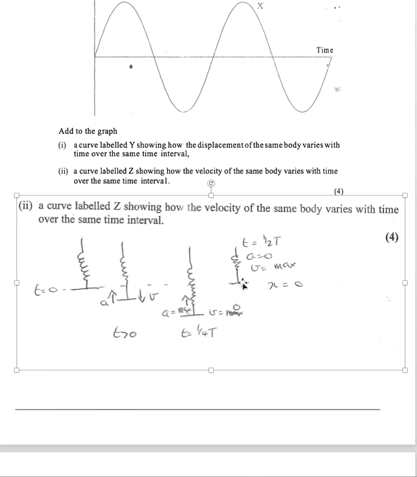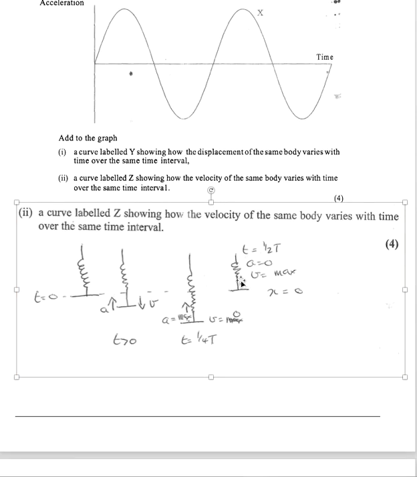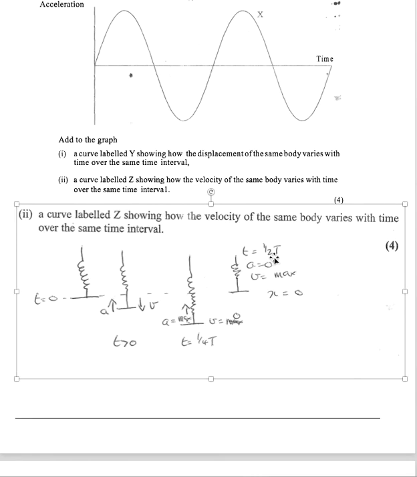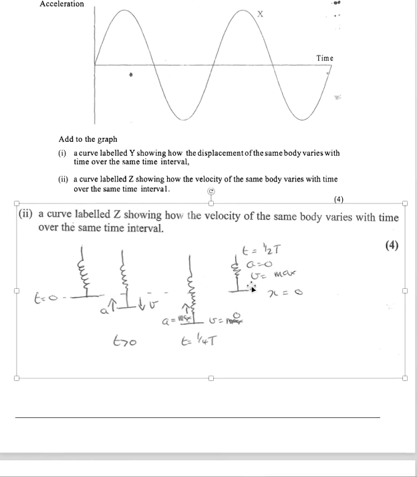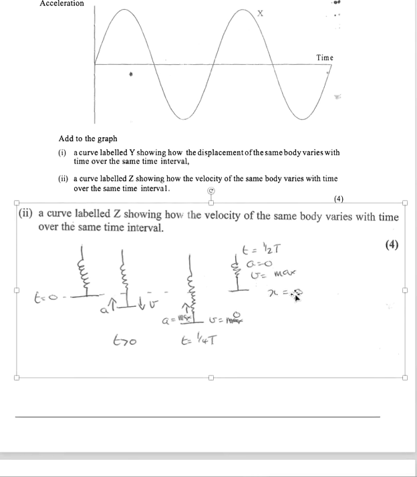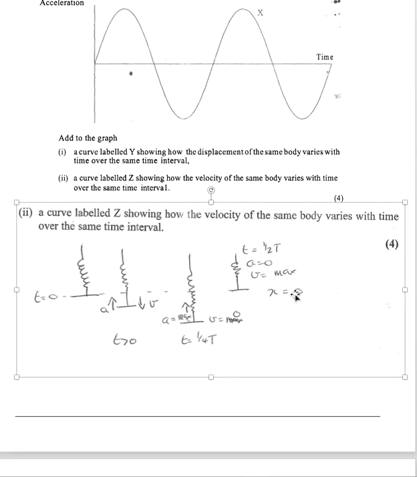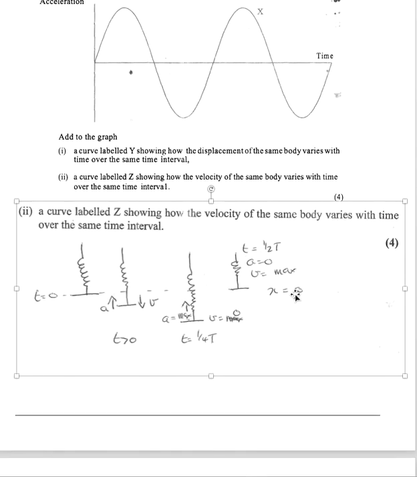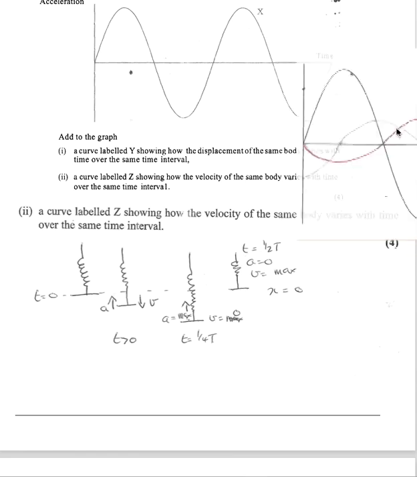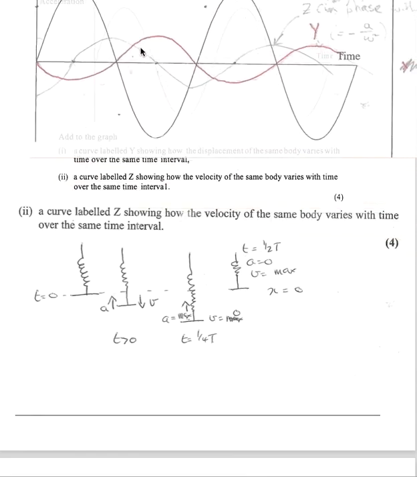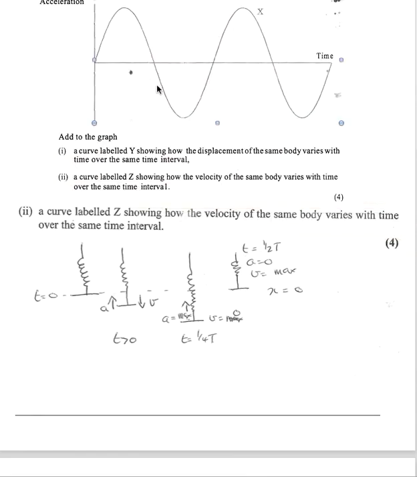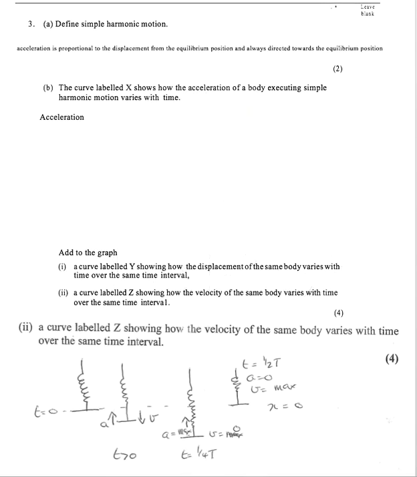Here we're back to the equilibrium position, x equals 0 at 1/2 period. So the acceleration is 0 because it's going through the equilibrium position, x equal to 0, and a is minus omega squared x. And here the velocity is a maximum. So thinking about all of that, what our graphs will look like is very much like that.